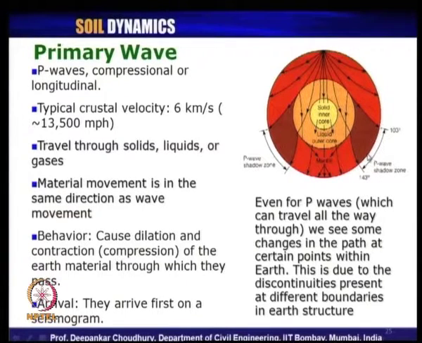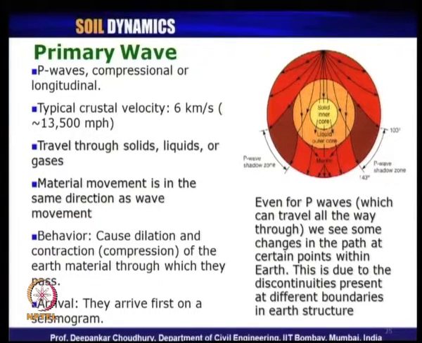What does it mean? If there is any seismograph located at these stations, at these locations, then this seismograph cannot record any earthquake wave generated by an earthquake at this place. Fine? Okay. So, these are all about P waves or primary waves.